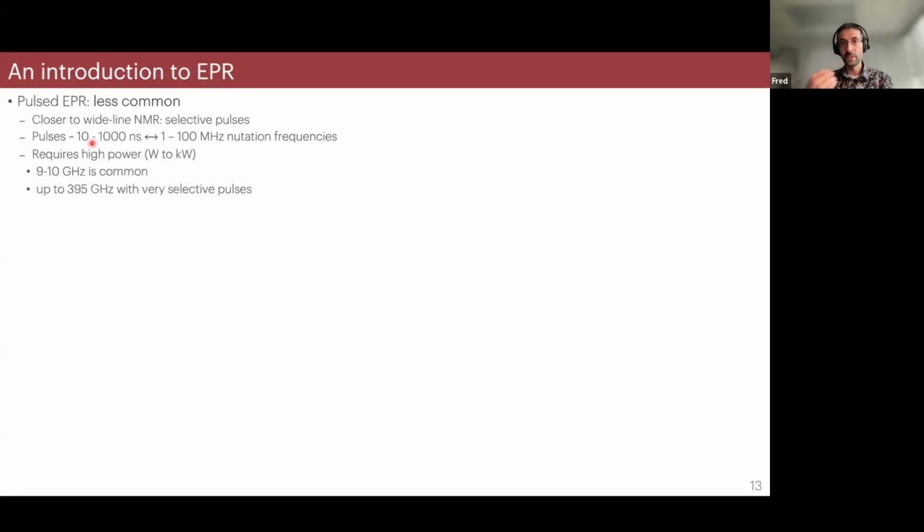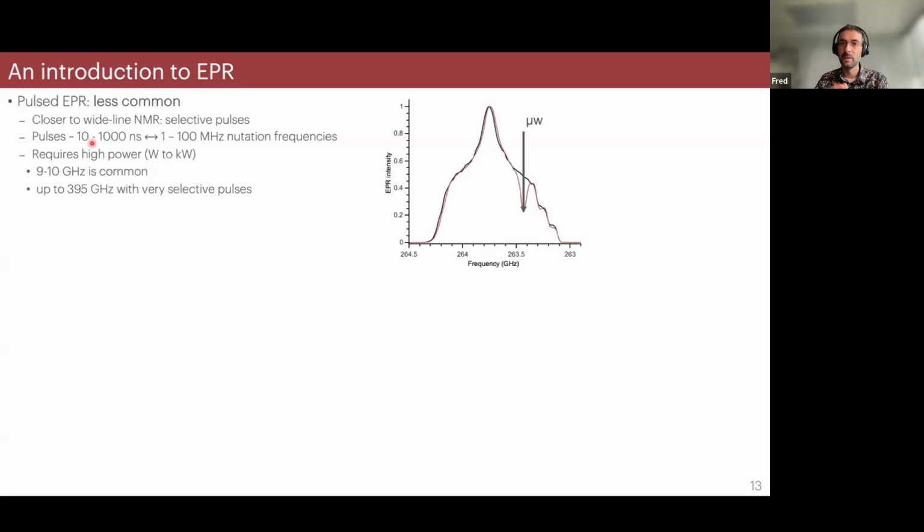To reach those nutation frequencies, you actually need high power. And if amplifiers at 9 to 10 gigahertz are more common, very high frequency amplifiers are scarce and sources are scarce. And as far as I know, we can go up to 395 with solid state sources, but then the pulses are very selective. Selective means that if this is your EPR line, you only excite a very small portion of it.